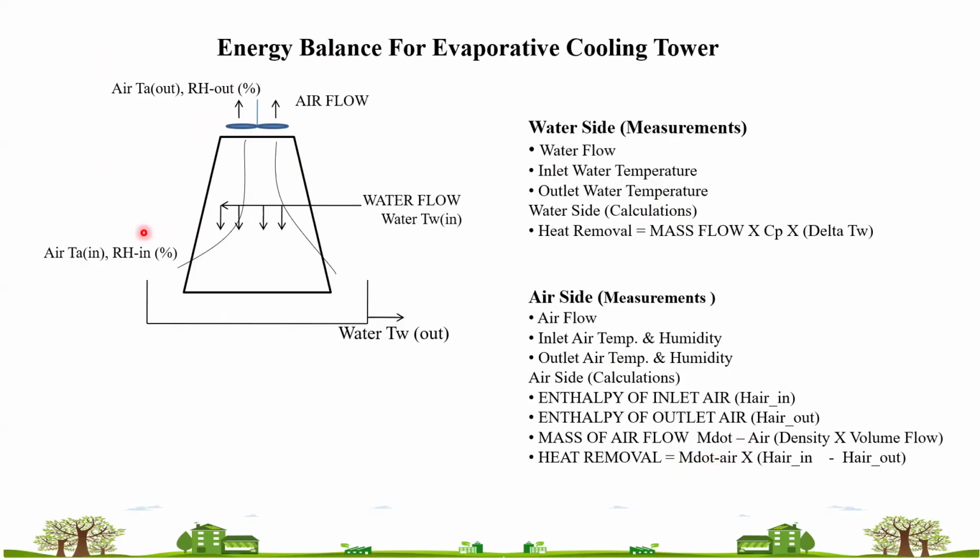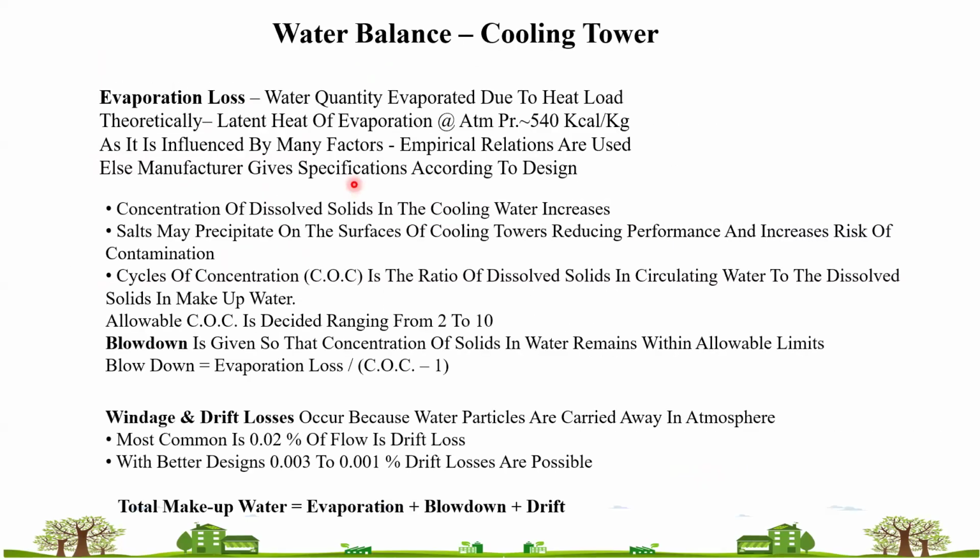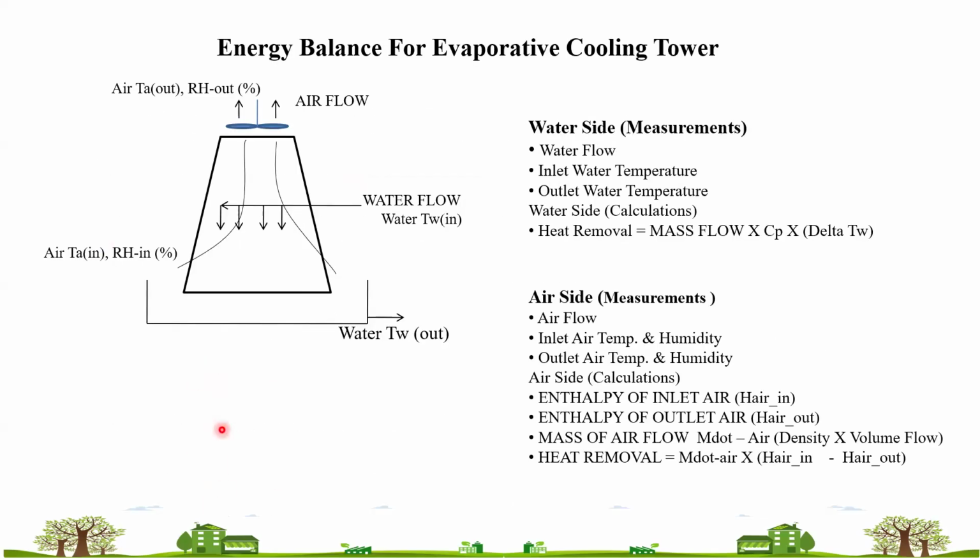The mass flow rate of the air is calculated based upon the quantity you measure, then the density at that particular temperature, and then enthalpy of inlet air minus enthalpy of outlet air. So it has to be equal in the energy balance. These are some critical questions you can be asked in numerical solving, to calculate makeup water quantity and the energy balance of the cooling tower.